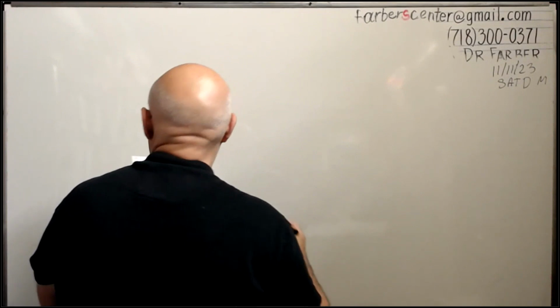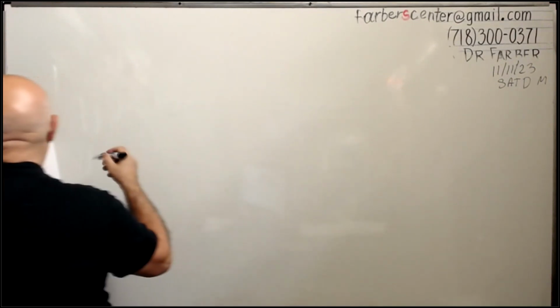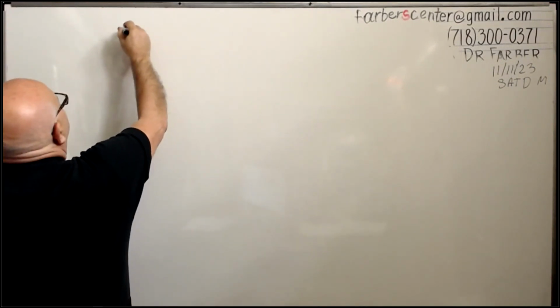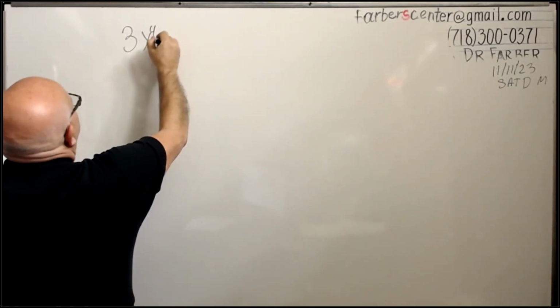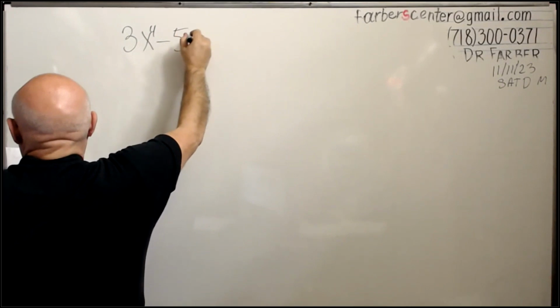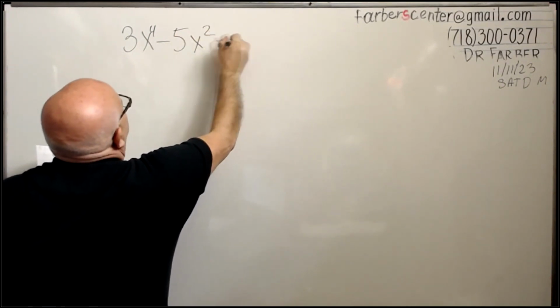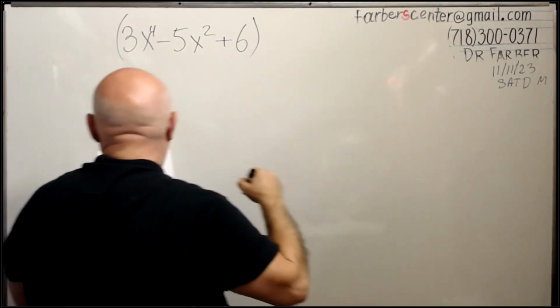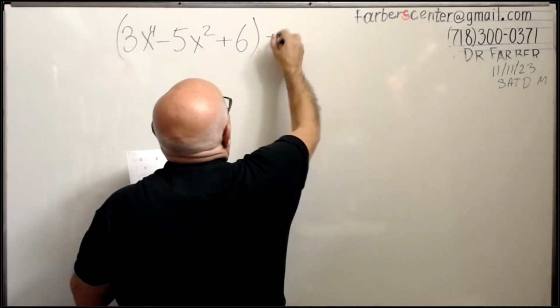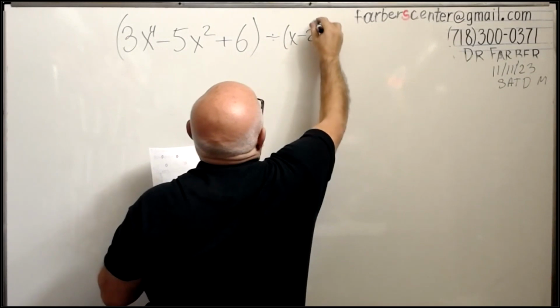Look at this. The last one is 3x to the fourth minus 5x to the second plus 6, and you divide by x minus 2.